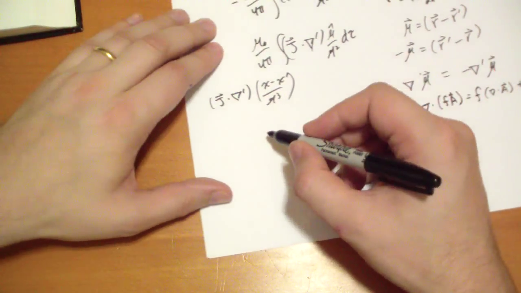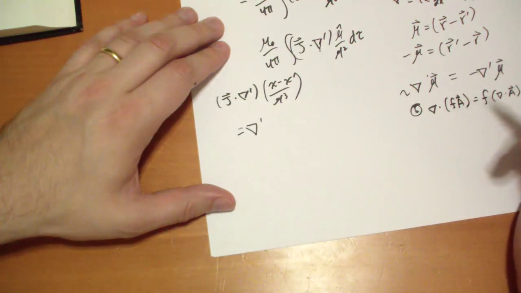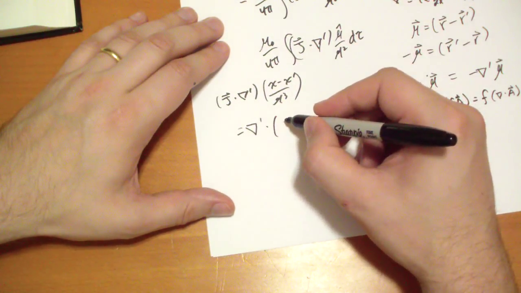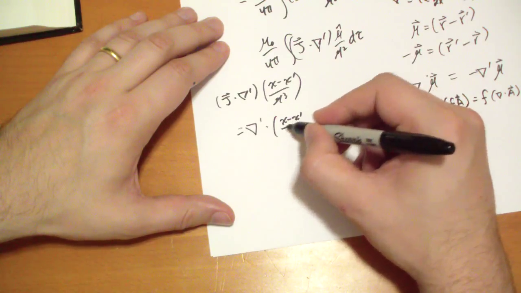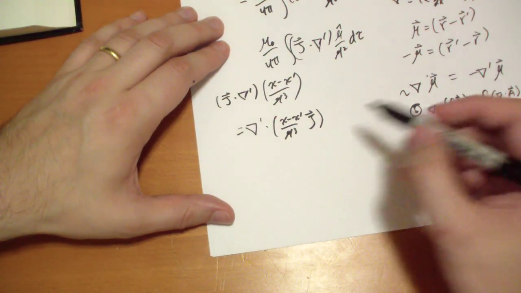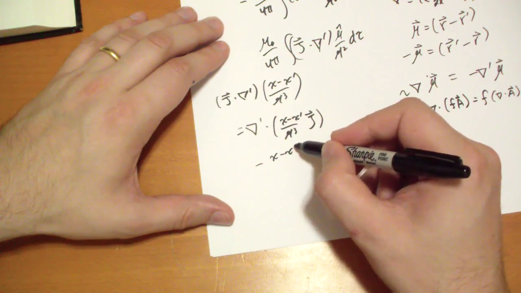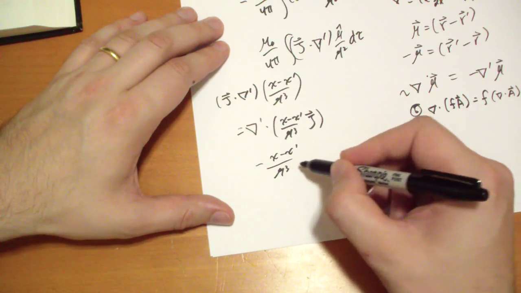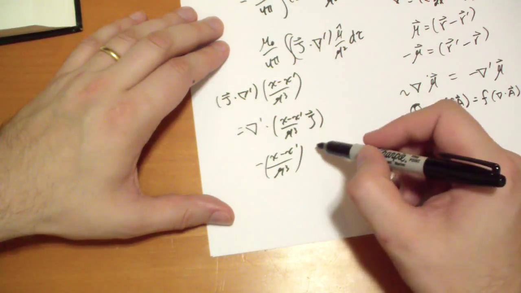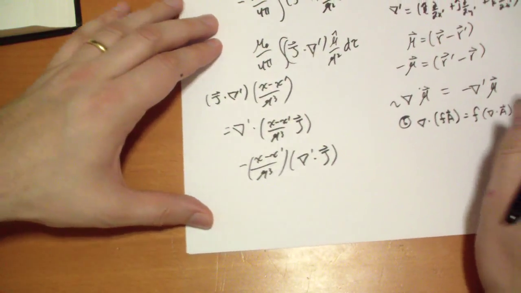So this is equal to the divergence of the two multiplied together minus the function times the divergence of j vector.